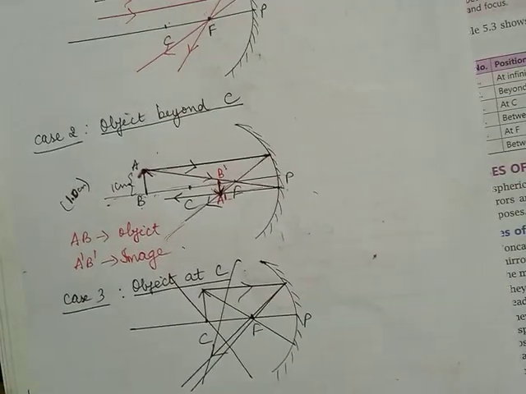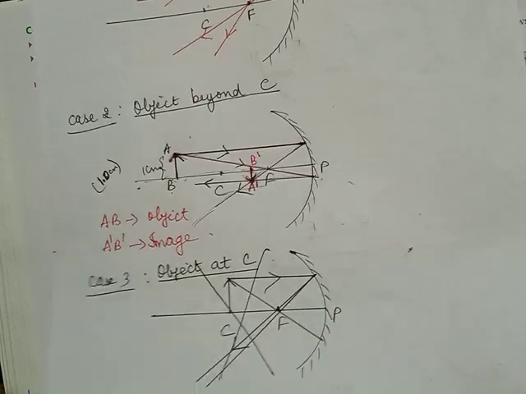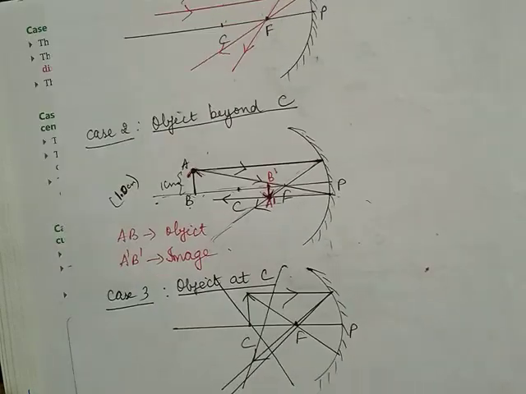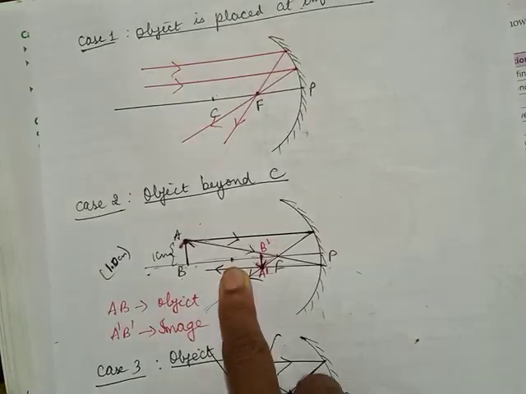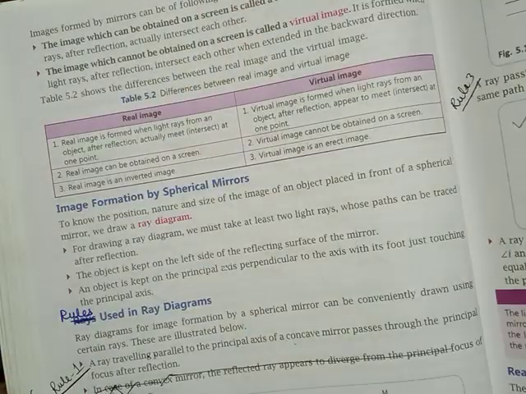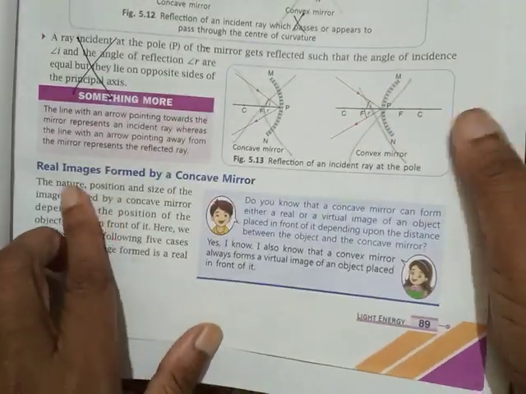Hope you understood all this. So after drawing the rules, you don't worry about the question answer now. Question number 5 we'll do later. I want you to start doing this. Ray diagrams, real images formed by a concave mirror. The heading will be images formed by a concave mirror.